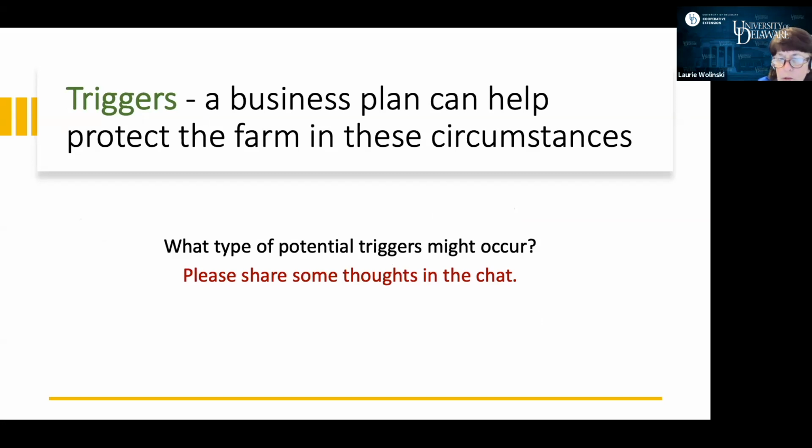What type of potential triggers might occur? If you could share some thoughts in the chat, triggers that might occur where a business plan could help you protect the farm.